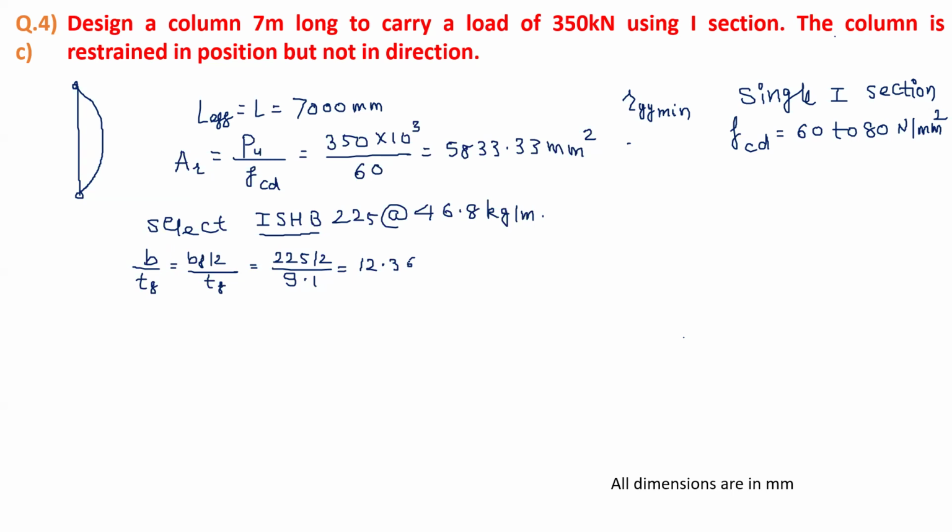Actually, I forgot to check it at the time when I had its solution. So we have this is 15.7. So 15.7. So we have flange is semi-compact. Flange is semi-compact.